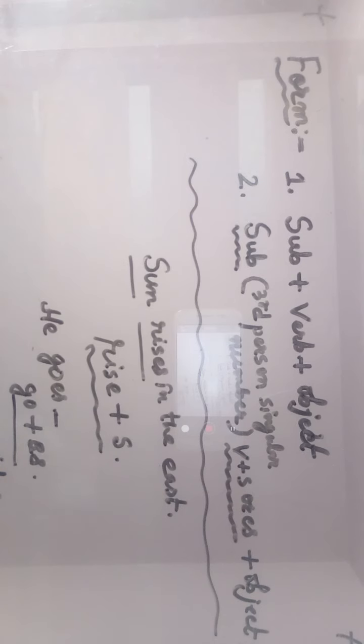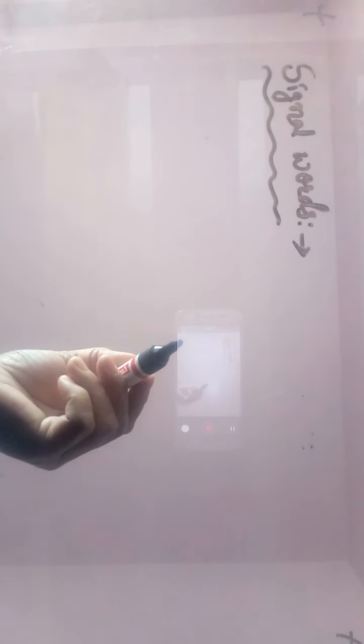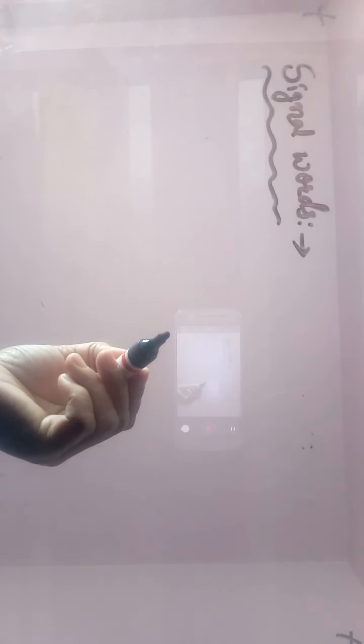Now, there are some things we have to remember for removing our confusion about which tense we should use. There are some words which tell us that the sentence must be written in present indefinite tense. We will call them signal words.